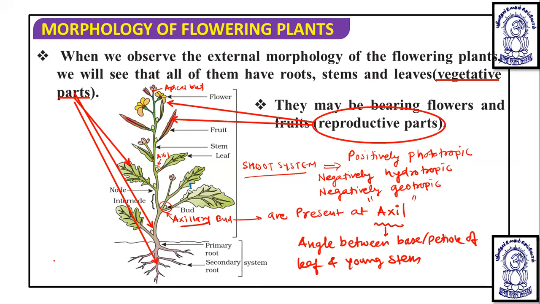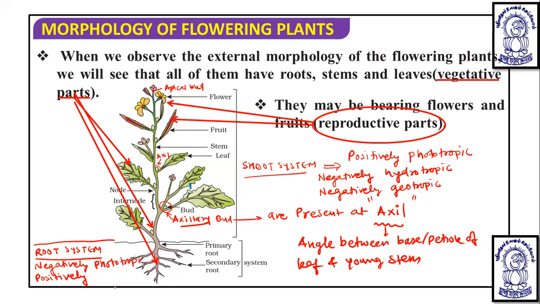Whereas when we talk about the root system, this root system is negatively phototropic, which means it is going opposite to the light.